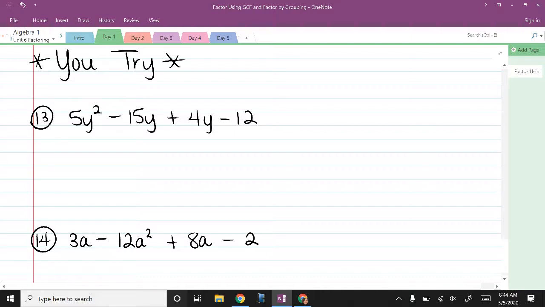All right, y'all check them with each other. Number 14, I think you had to do a little something special. Okay, explain it.